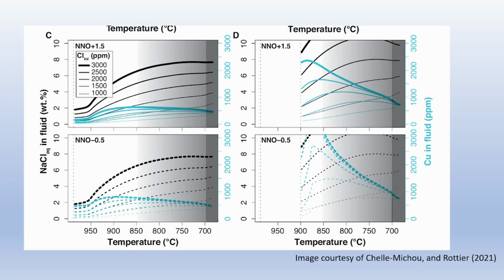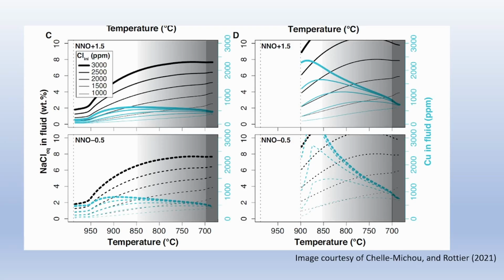Then look at under slightly reduced conditions, NNO minus 0.5. Copper curves spike higher and stay elevated longer. Why? Because reduced fluids are better at transporting copper, especially in the presence of chlorine.